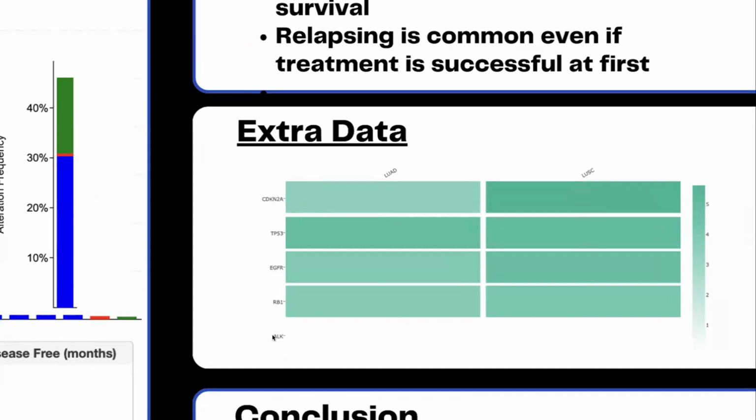And then ALK, it's either a tumor suppressor or an oncogene, I don't exactly remember. But this is a heat map, and I just wanted to compare CDKN2A versus the other genes that I researched. This heat map shows that there's a higher alteration of CDKN2A in lung squamous cell carcinoma, and there's a pretty steady or equal percent of alteration in the other genes, while ALK has no expression at all in either of these cancers.